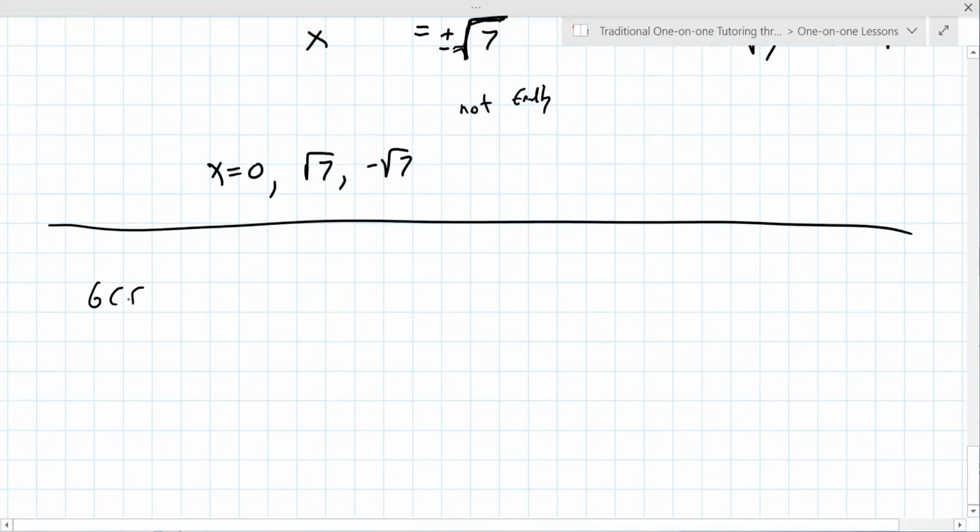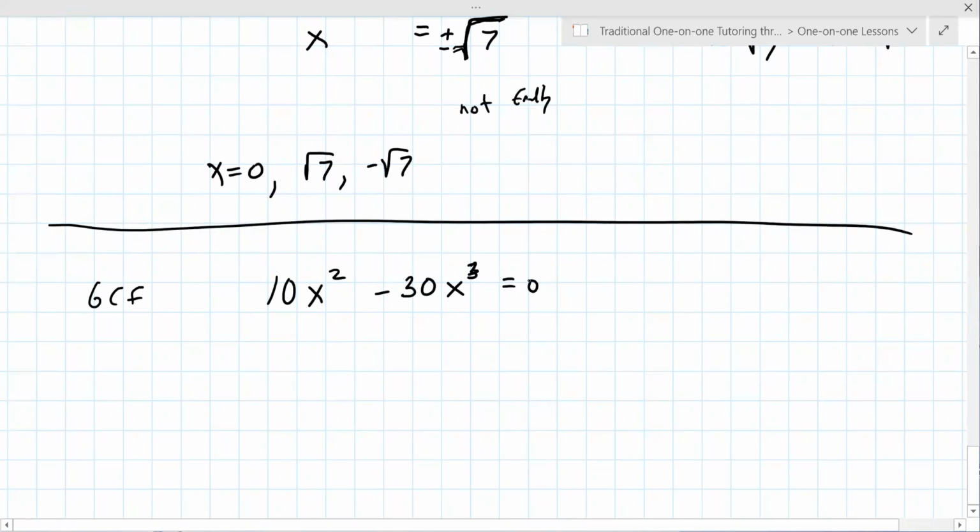So your GCF, and I mean I'm telling you, so that's helpful, but let's go: 10x squared minus 30x cubed. It's a cubed.